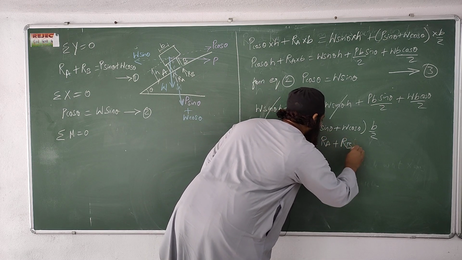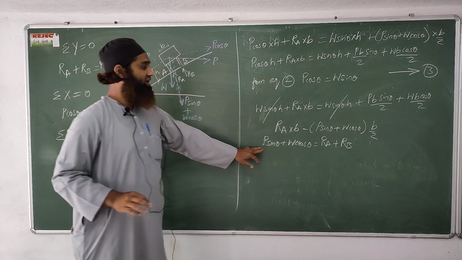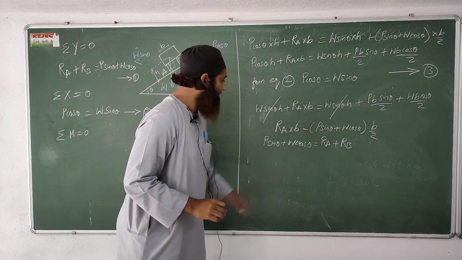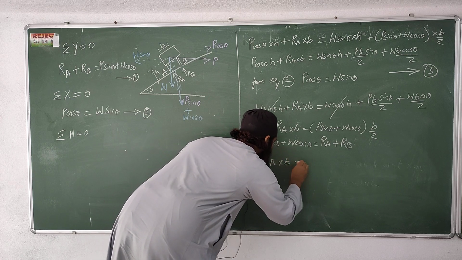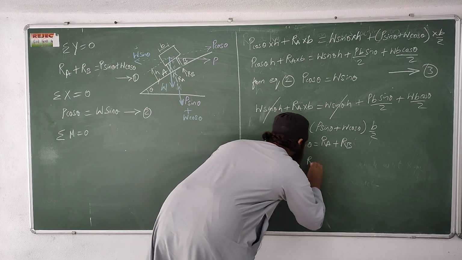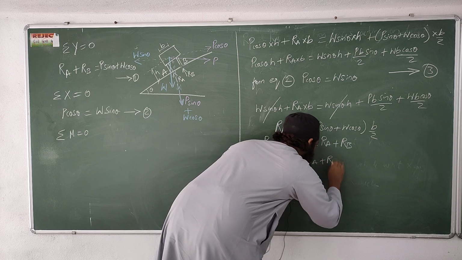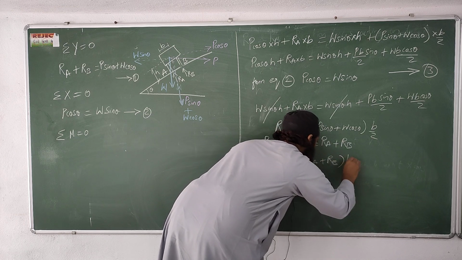This is from equation 2. So it will be RA into B is equal to RA plus RB into B by 2.